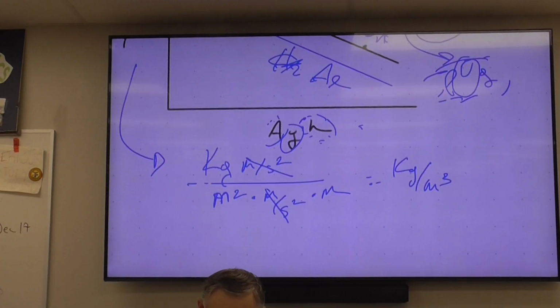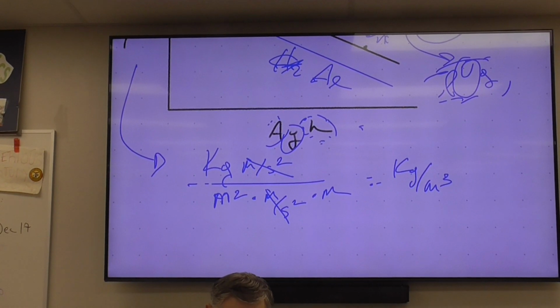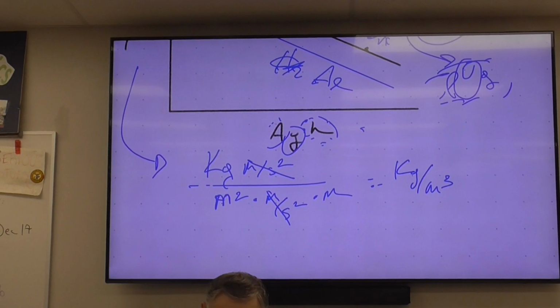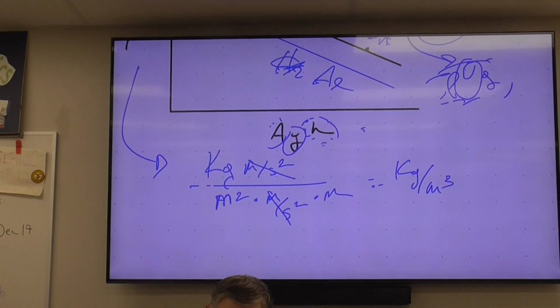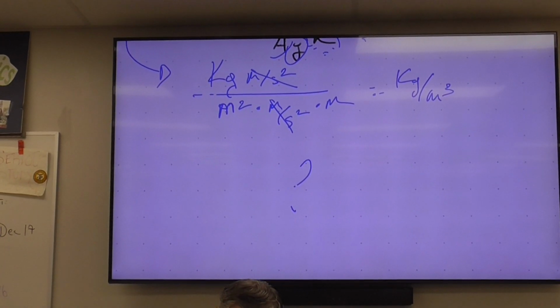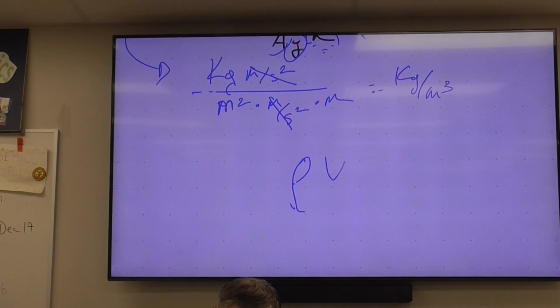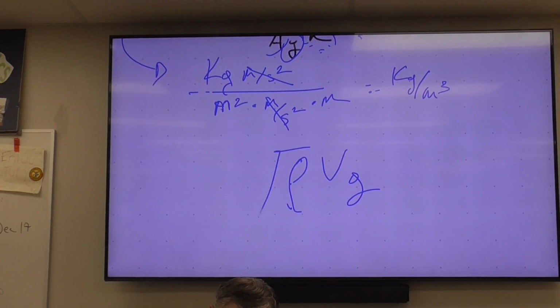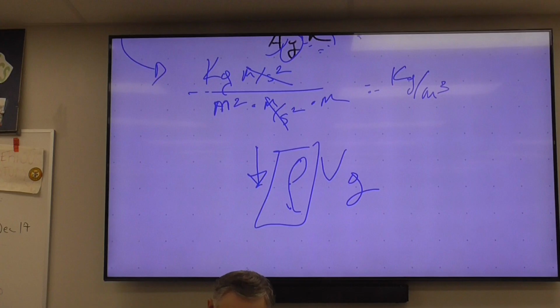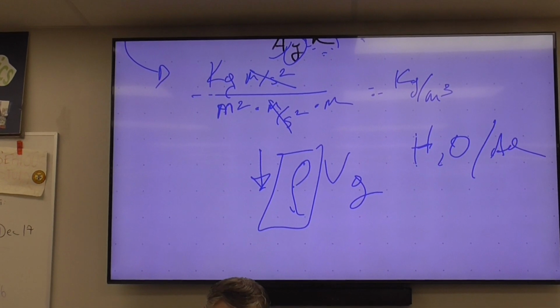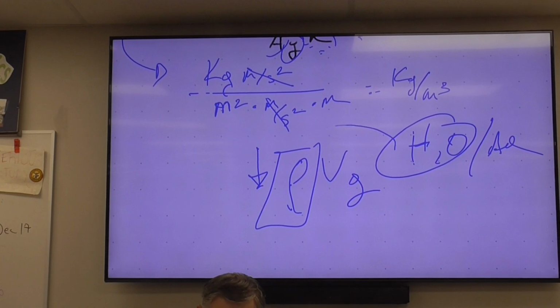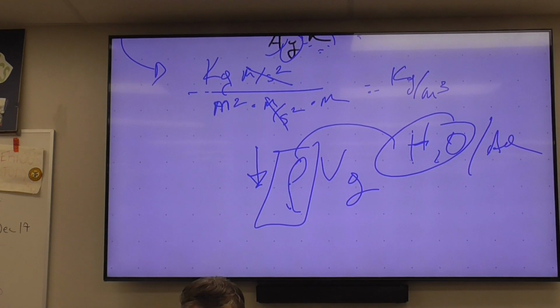The whole point, hopefully, was that you realize that you have water and then you have the methyl alcohol. The density of the methyl alcohol was a lot less. Looking at buoyant force as rho Vg, water is more dense, so it should create a bigger buoyant force.